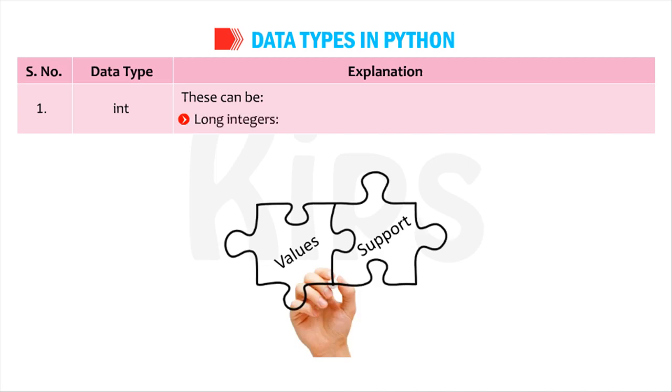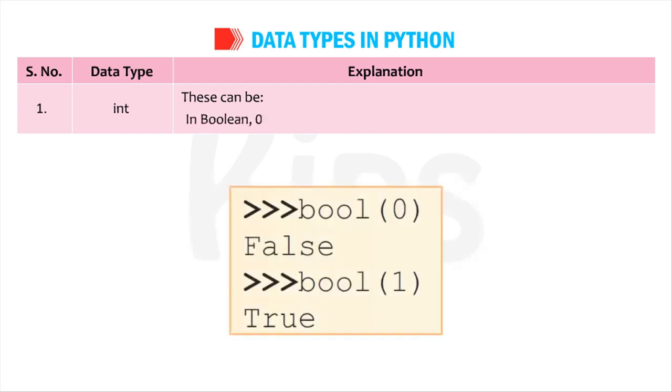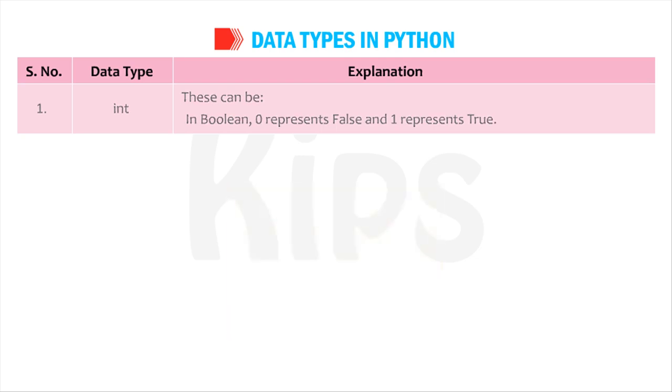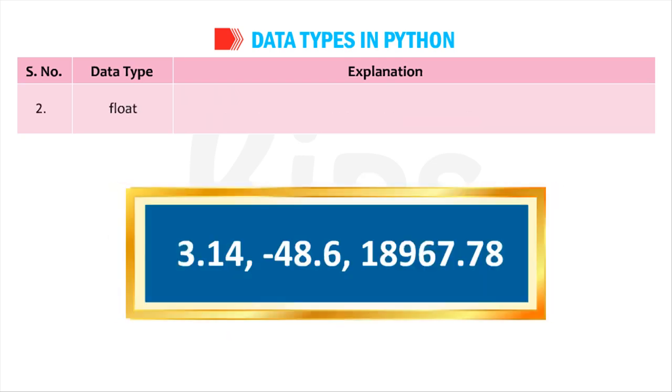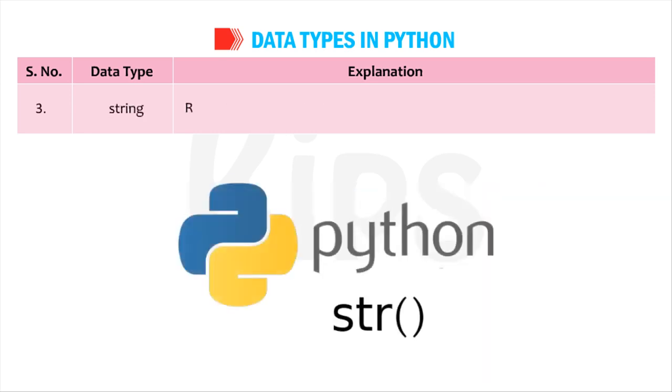Long integers support the values that lie beyond the range of plain integers. Bool represents logical values in the form of true and false. In Boolean, 0 represents false and 1 represents true. 2. Float represents floating point values. 3. String represents a collection of characters enclosed within single or double quotes.